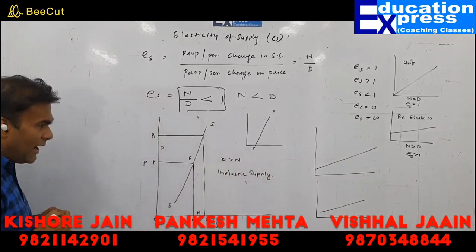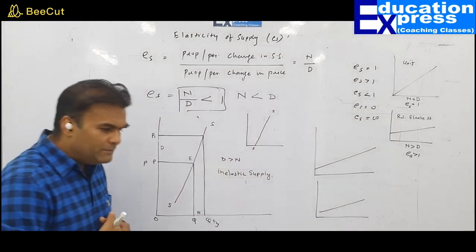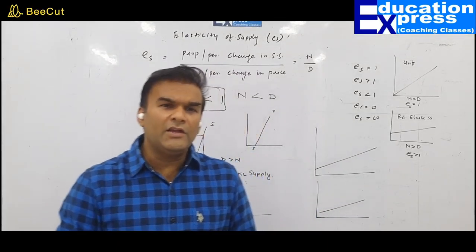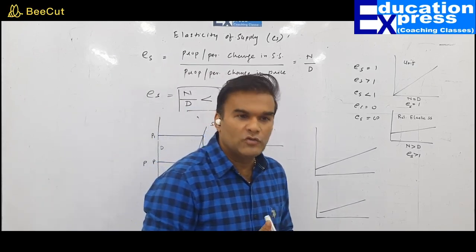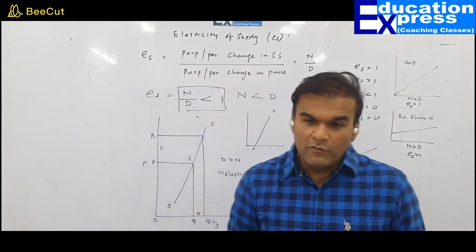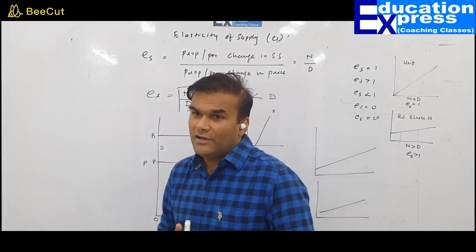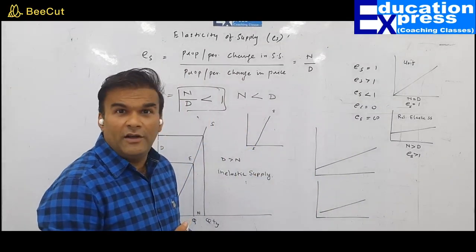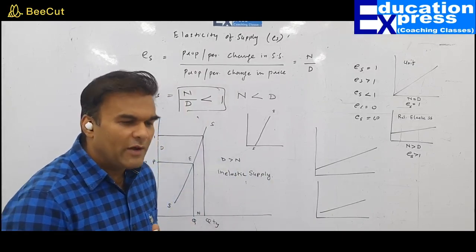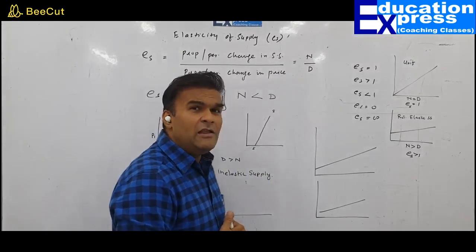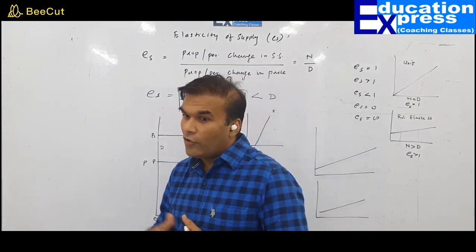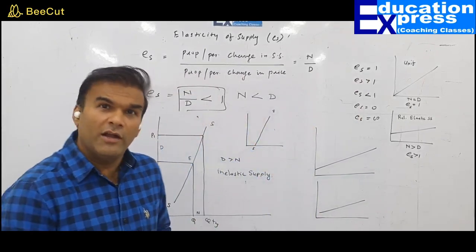Inelastic supply. I'll give you a simple example. For example, if the price of mangoes shoots up from 600 rupees a dozen to, let us say, 1200 rupees a dozen, that's a steep hike in the price. Can the supply of mango rise by that manifold, double?